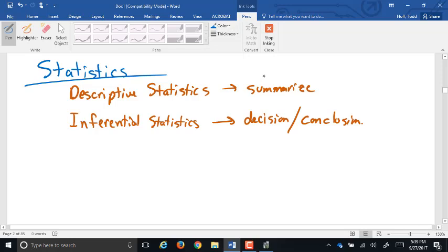They're not independent. We usually draw upon the descriptive statistics in order to do the inferential processes that we do. But obviously the inferential statistics are a step above.